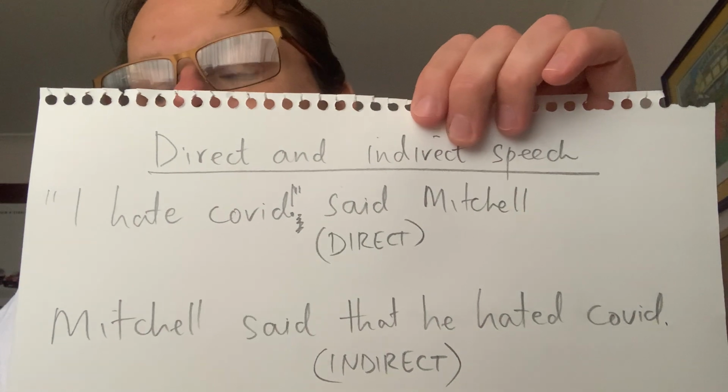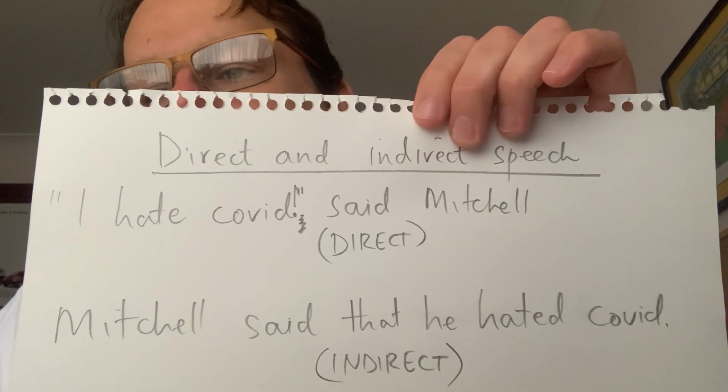Okay, so we could make it an exclamation mark instead, and that way we can get rid of the comma. But there's got to be some type of punctuation down there. All right, so the main thing to remember is that direct speech uses speech marks around the words that are spoken, but indirect speech doesn't have any at all.